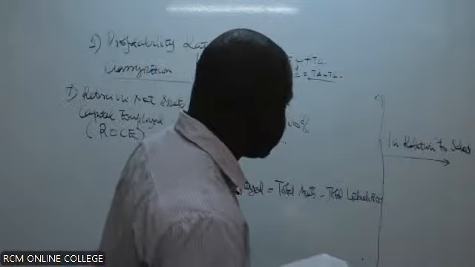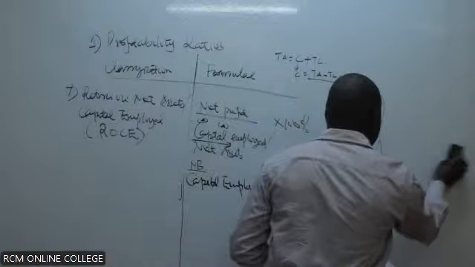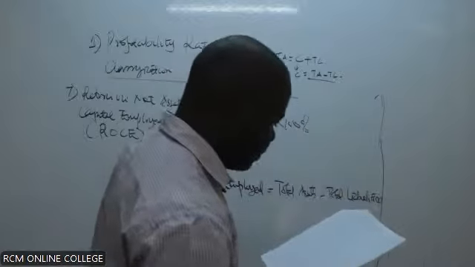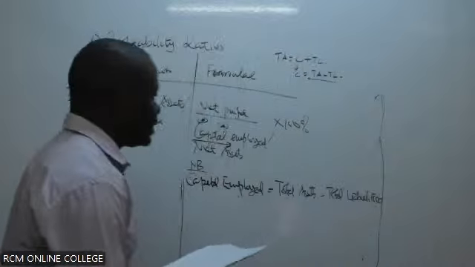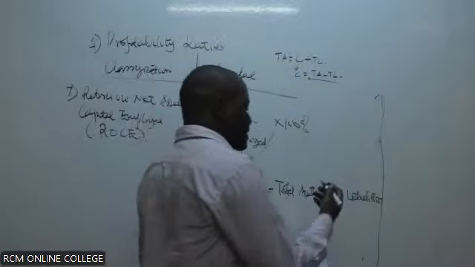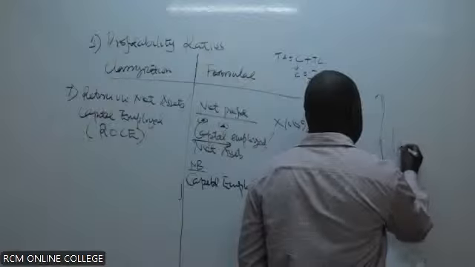So these particular ratios, the three of them, numbers 5, 6, and 7. Remember the previous ones were in relation to sales.